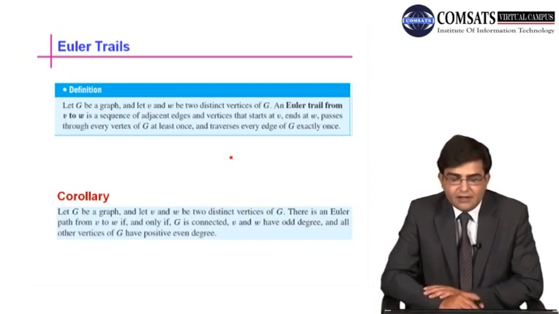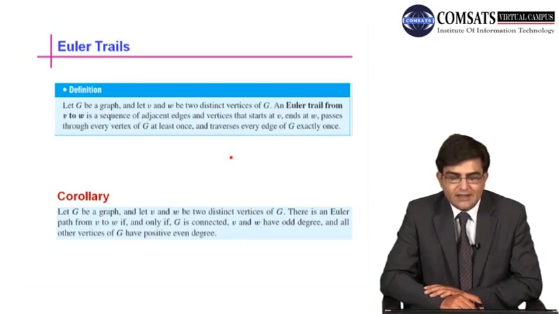An Euler trail from V to W is a sequence of adjacent edges and vertices that starts at V, ends at W, passes through every vertex of G at least once, and traverses every edge of G exactly once.